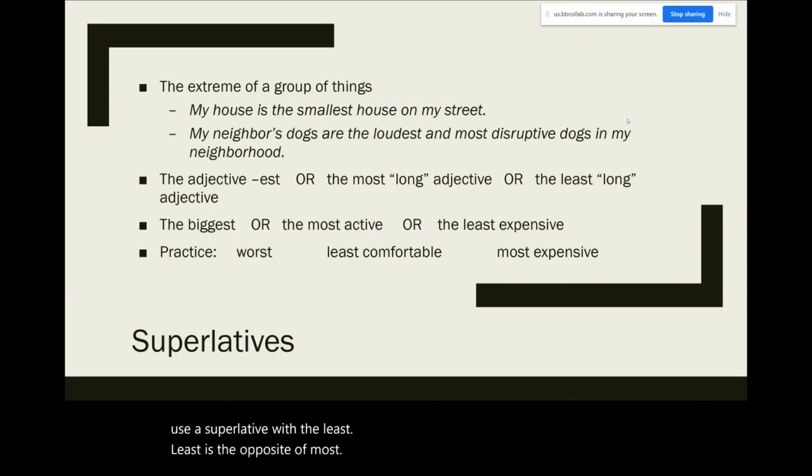The least expensive. So who wants to try these examples? I've got worst, which comes from bad. I've got least comfortable, and then I also have most expensive. Can someone give me an example sentence?